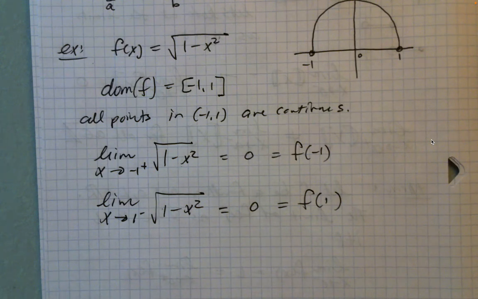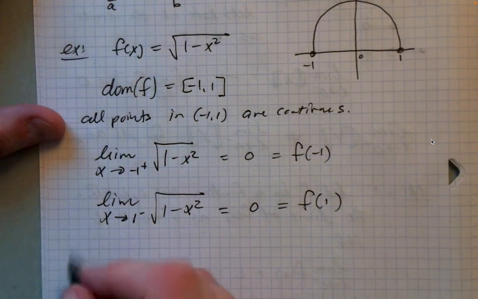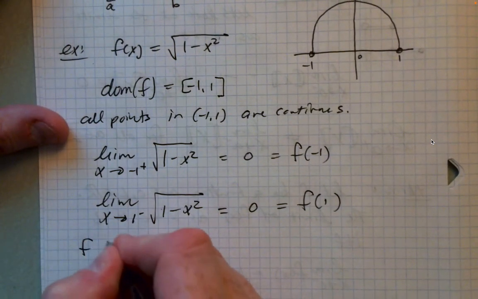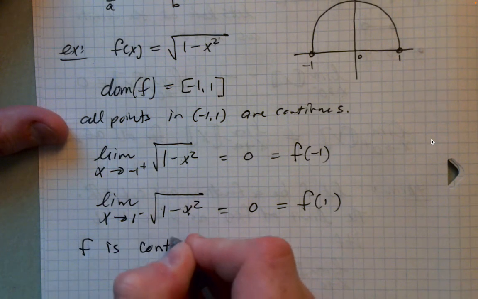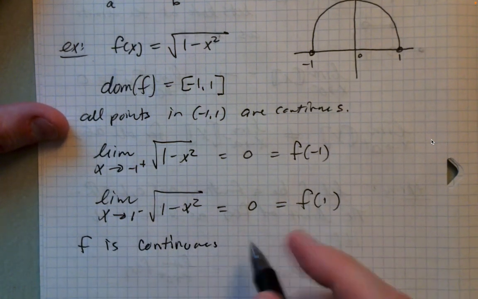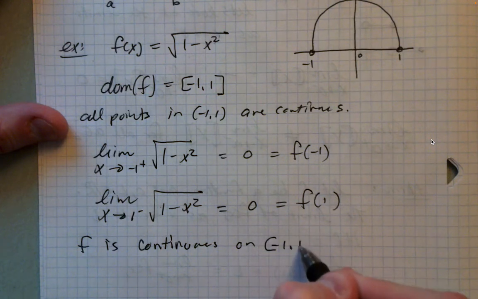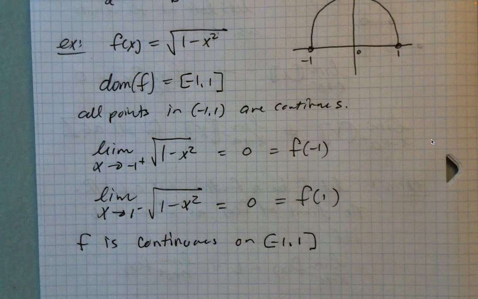Okay, and so basically we can say that f is continuous on [-1, 1]. That's on its entire domain. It's continuous. Okay. All right. So I think we'll end the video here, and then I'll continue it in a part B.